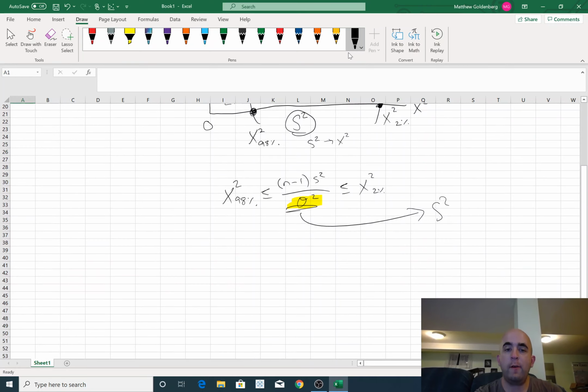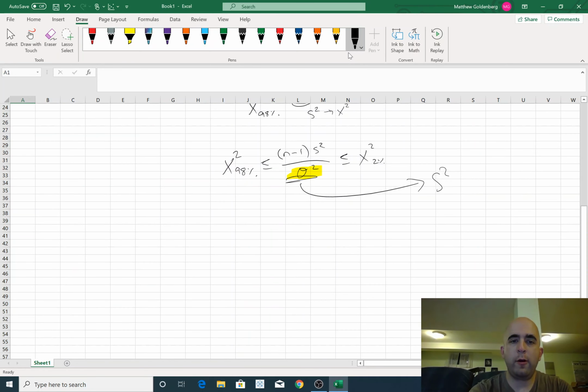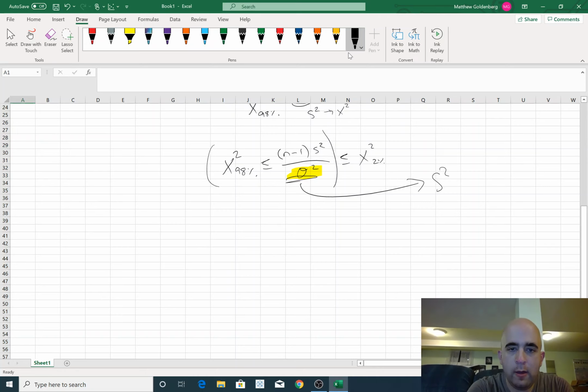So this is how you solve it. You take it apart bit by bit. We're going to do this side first, and doing the math, you get chi-squared 98%. You get this formula.